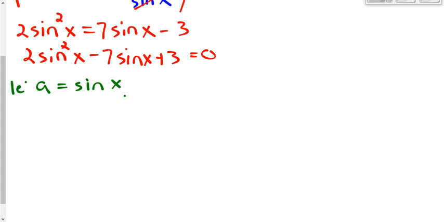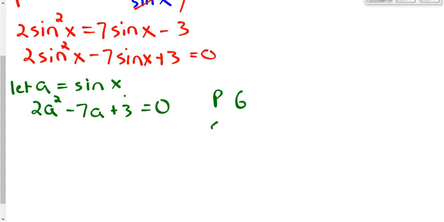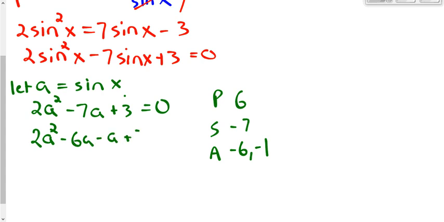So then I can rewrite it as 2a squared minus 7a plus 3, all equal to 0. So this is factoring, looking for a product of 6, sum of negative 7. So I'm getting answers of negative 6 and negative 1. So then splitting apart that negative 7 into minus 6a and minus a, we still have plus 3 equals 0.